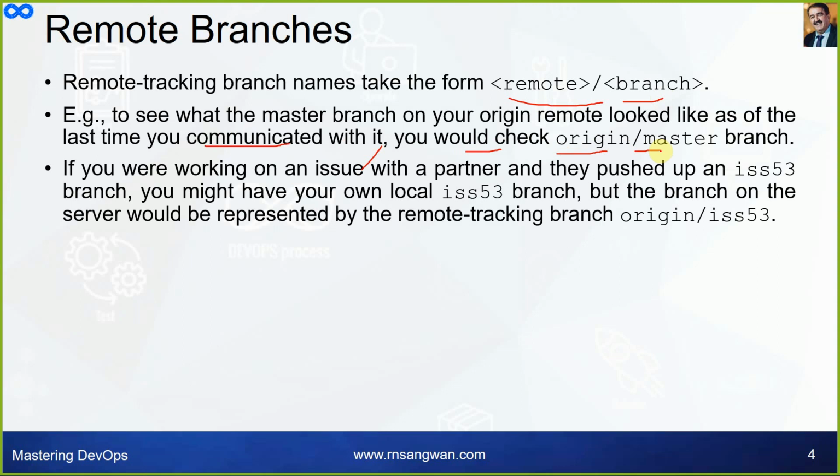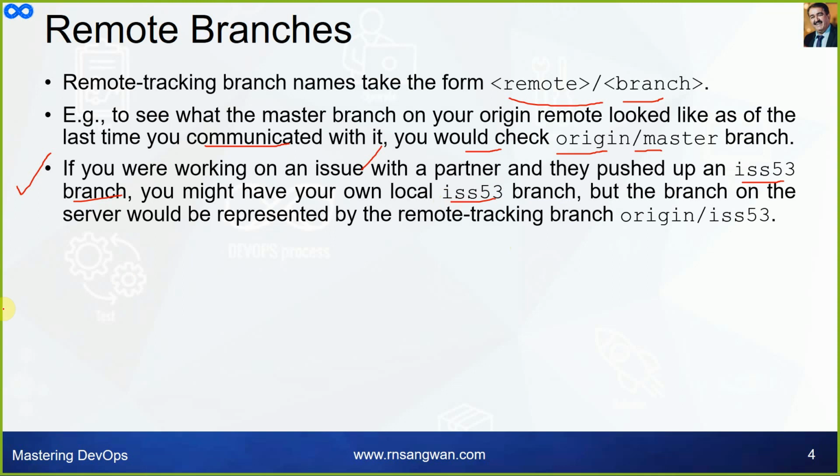If you were working on an issue with a partner, we are going to assume now we are working, and they pushed up an ISS53 branch, you might have your own local ISS53 branch.